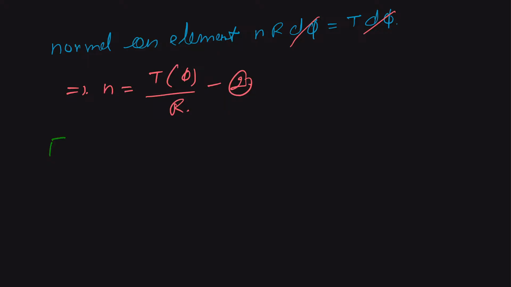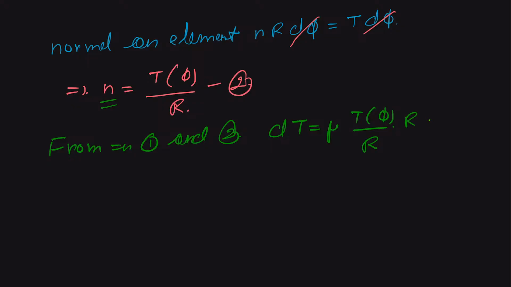So from equation 1 and 2, we can write that d of T will be equal to mu, and we simply substitute the value of this normal per unit arc, which is T of phi upon R, multiplied by R and d of phi.